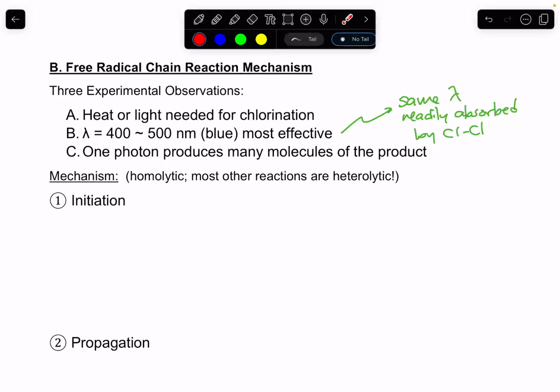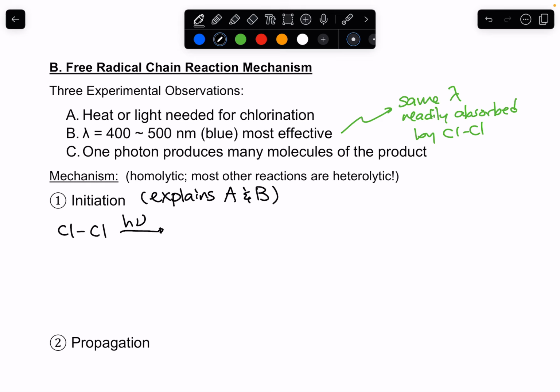Okay, so to be able to explain all of these observations, what would have to be the mechanism? Well, let's think about that. The first step must include some sort of initiation mechanism. This explains observations A and B, as well as kind of C, but we won't get ahead of ourselves. Now, oftentimes when a chemist writes about how light is needed, the light energy can be mathematically described as h nu.